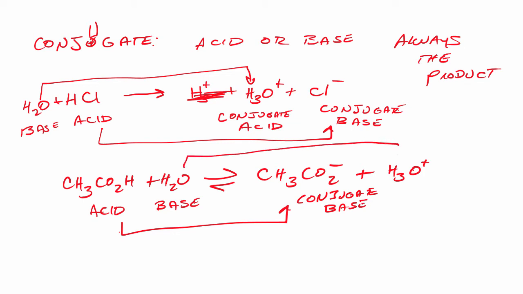And this is my conjugate acid. So there is a relationship between the conjugate base and the acid, and the conjugate acid and the base. Remember, conjugate means it's the product. So if I flip this around, with H3O plus and my acetate anion, H3O plus will be the acid and the acetate ion will be the base. Then my conjugate acid will be acetic acid, and my conjugate base will be water. So it depends on which side you're looking at.